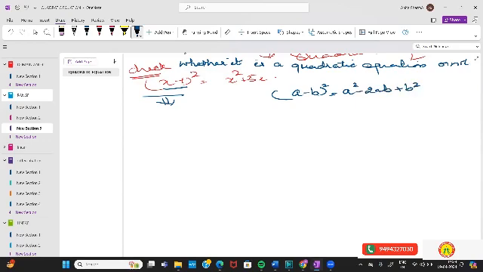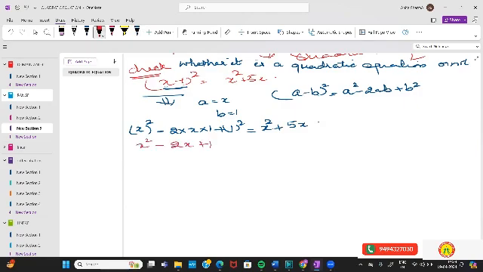So now apply this identity here. The value of a is x and the value of b is 1. So a square minus 2ab, 2 into x into 1, plus b square, is equal to x square plus 5x. Now it will be x square minus 2x plus 1 is equal to x square plus 5x. Now you can transpose x square plus 5x to the left hand side.